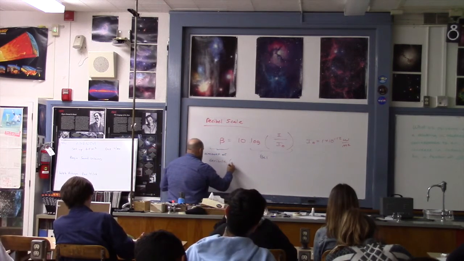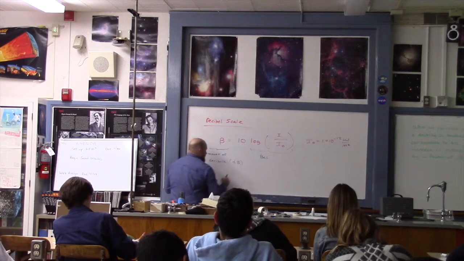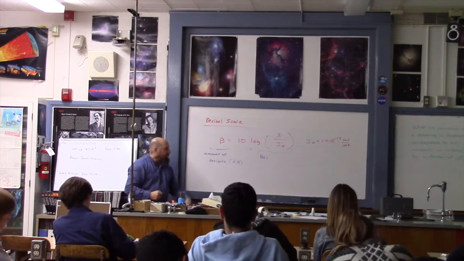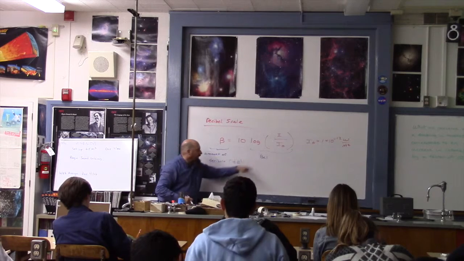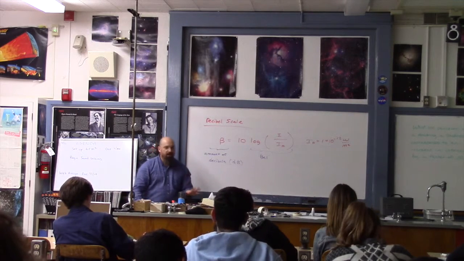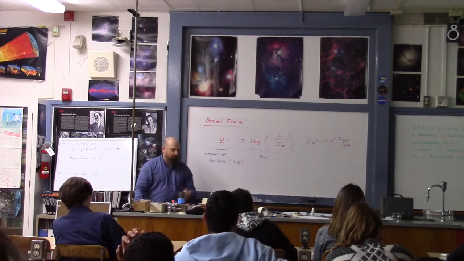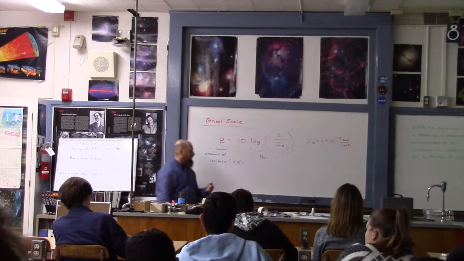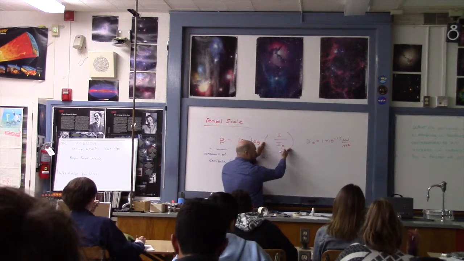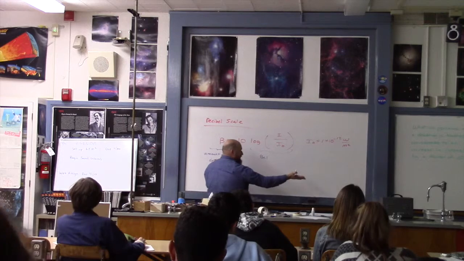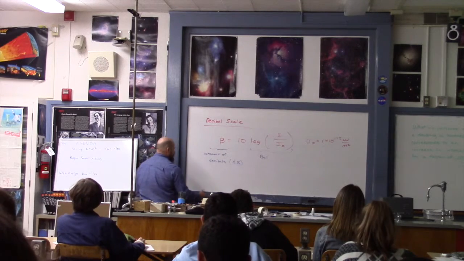Decibels is abbreviated as dB. It's important to realize, by the way, that both the bell and the decibel are just a name. There are no units associated with this quantity. We have a logarithm which has this ratio, the units cancel out, you end up with nothing. So there are no units, it's not a dimensional quantity.